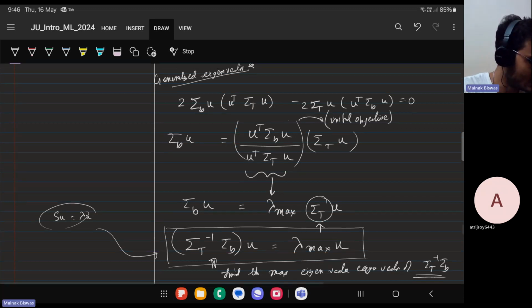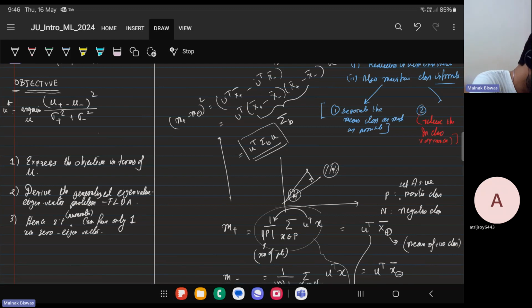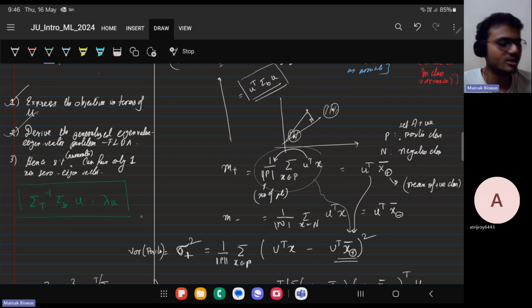Now I have a question, if you are following linear algebra, to answer. So derive the generalized eigenvalue equation. Show that it can have only one non-zero eigenvector. Sigma t inverse sigma b u is equal to lambda u. You have to show that it can have only one non-zero eigenvector. How will you know?